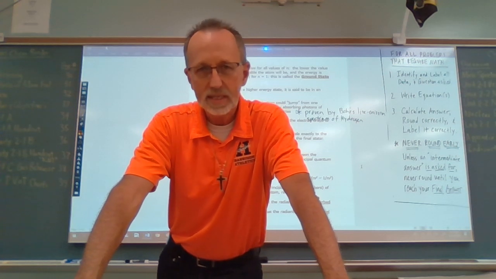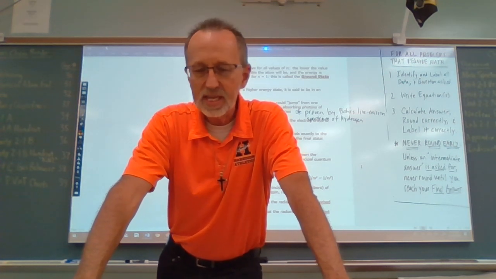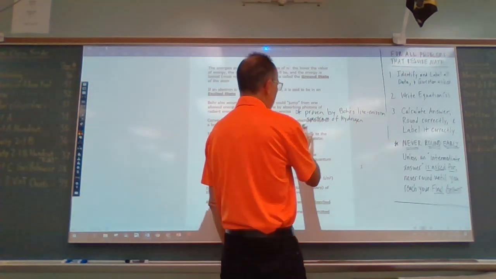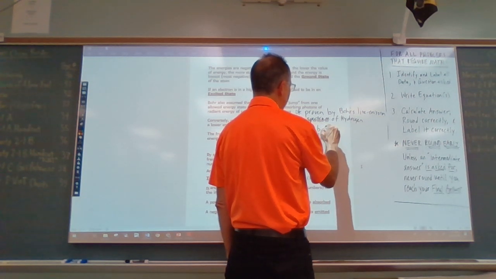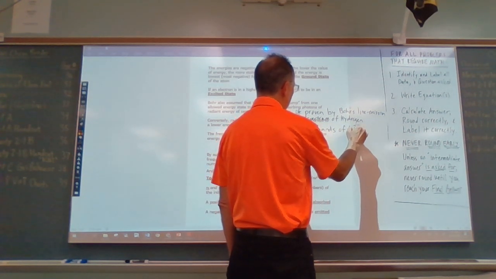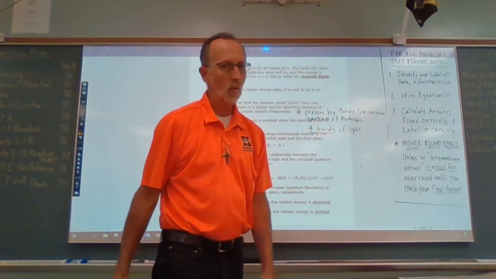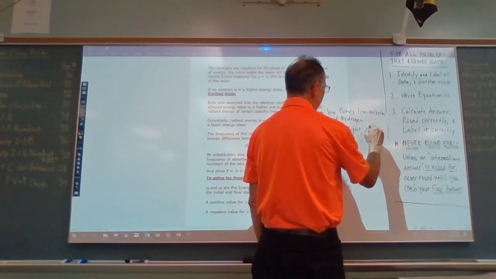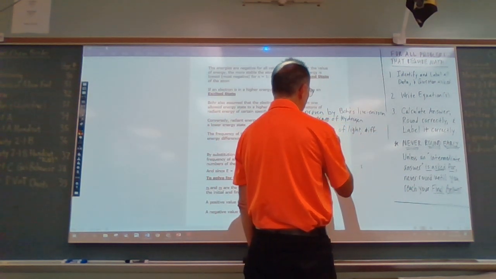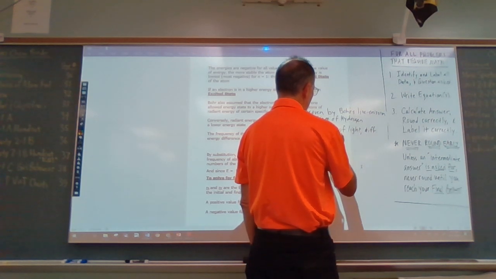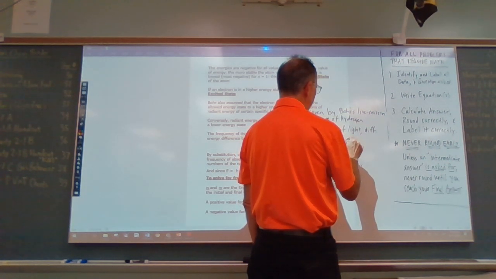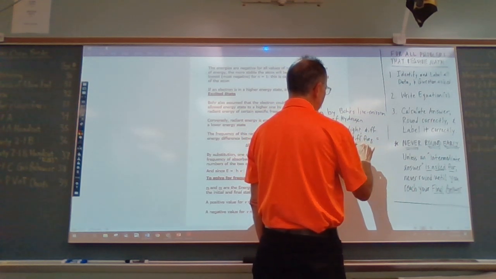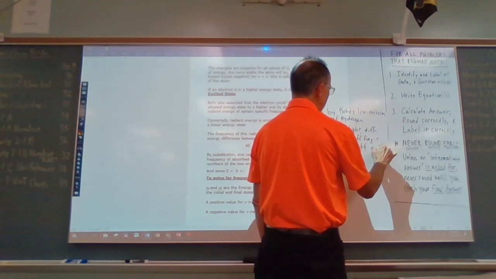When he did the line emission spectrum of hydrogen, he came up with 4 bands of light. You'll see it in lab Monday. So hydrogen produced 4 bands of light, 4, not 1. And those bands of light all had different wavelengths, different colors, which means they had different frequencies, which means they had different energies.